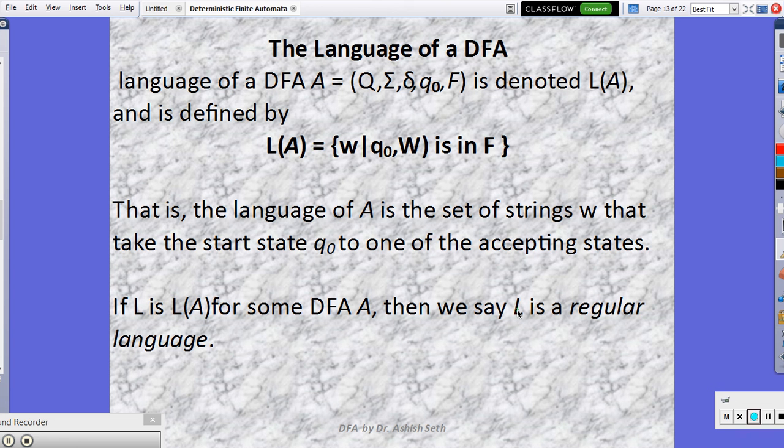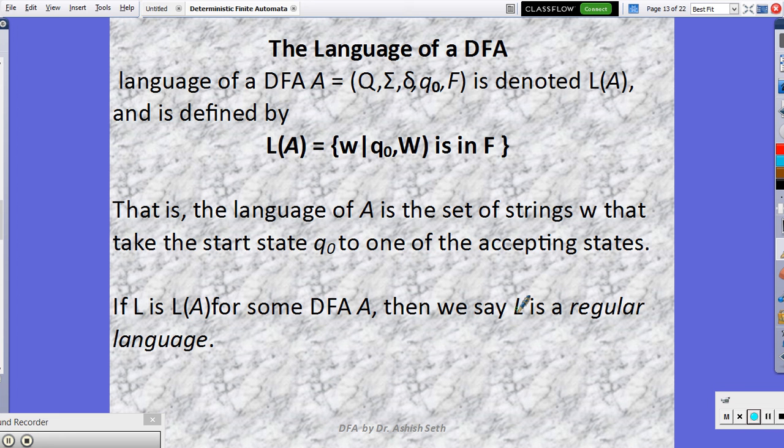And the language of DFA. The language of DFA is denoted by L(A) and is defined by L(A) equals w such that delta hat of Q0, w is in F. So the language, for a given DFA, is basically a set of all strings that are acceptable.